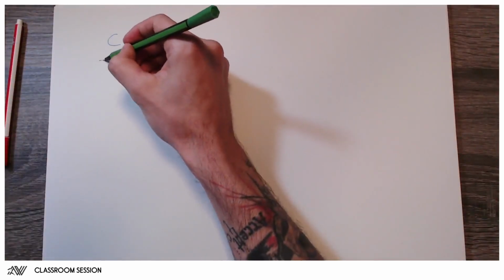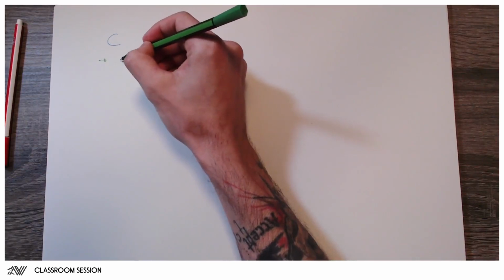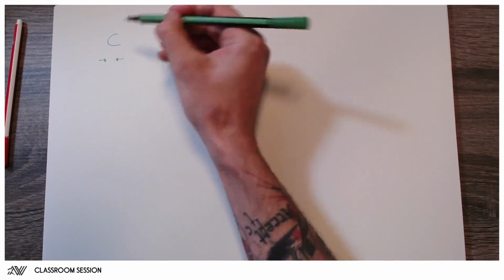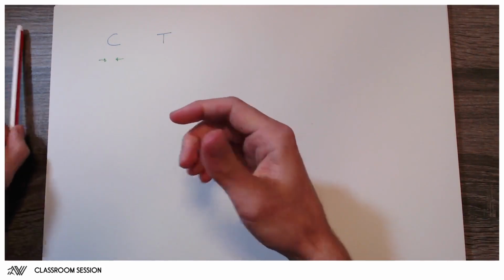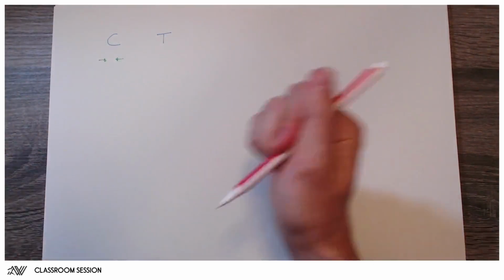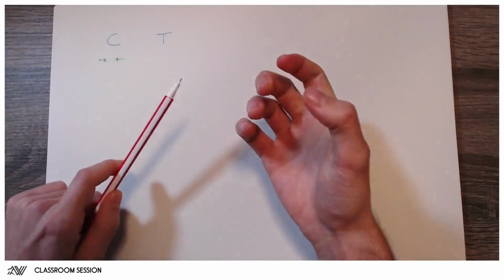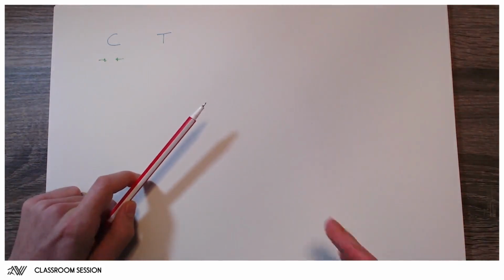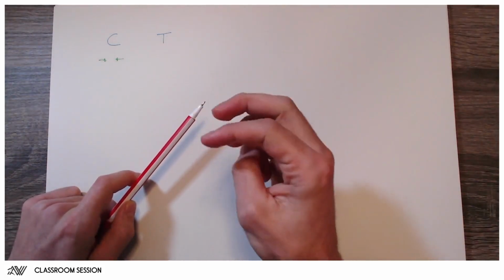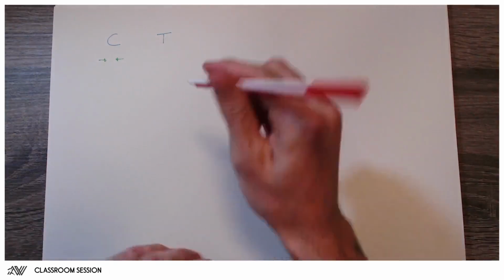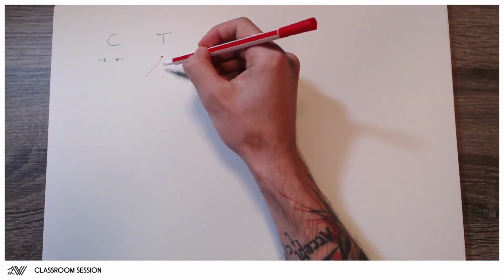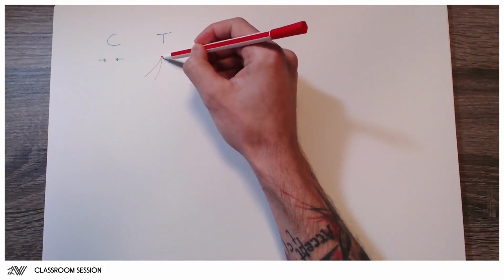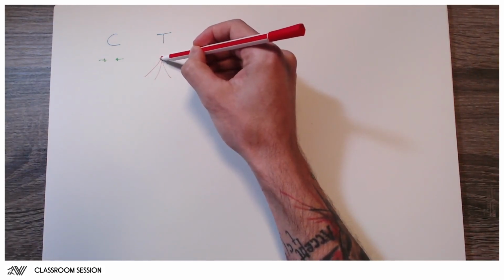So for compression, I'm just going to use these green arrows. That's going to be relevant later. And then tension is more of an active force. We can see this because the drapery is actually going towards that force, or radiating from it. So tension is usually a point that we use, and our folds are radiating towards it.